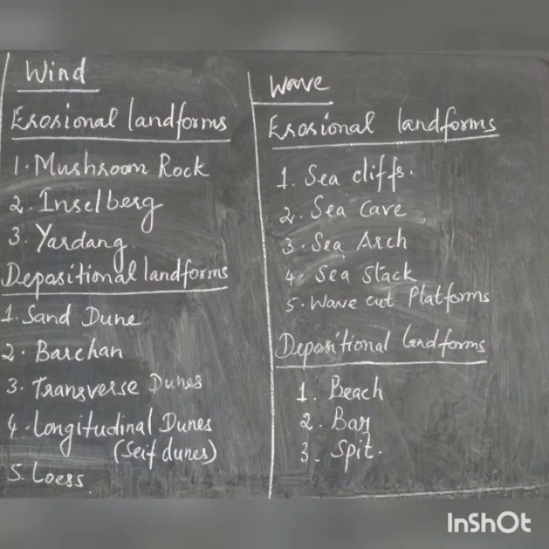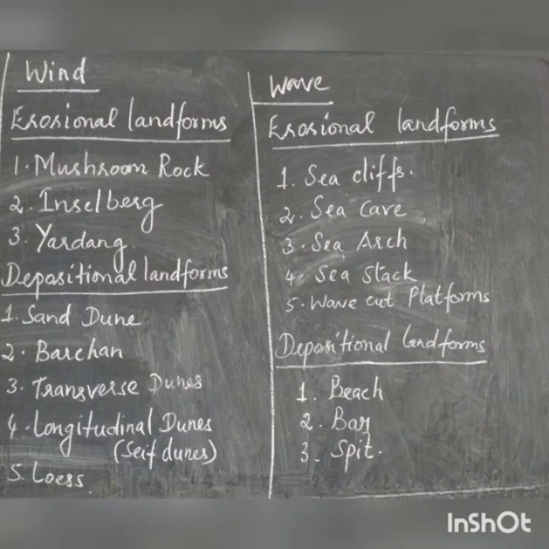Sea arch. We see arches on roads, but here we are going to see the arch in seas. When two caves approach one another from either side of the headland and unite, they form an arch. For example, Andaman Nicobar and Nile Island.